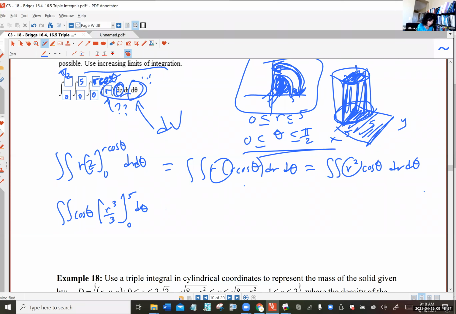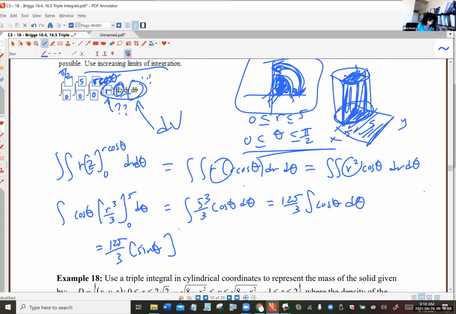5 cubed, what the heck? Oops, this should disappear. We have 125. 5 cubed over 3, yeah, I think it's 125. And I'm just going to pull the 125 thirds out in front because it's bothering me. And then, hey, what's the antiderivative of cos? Hey, no power reduction formula needed here. That's just sine.